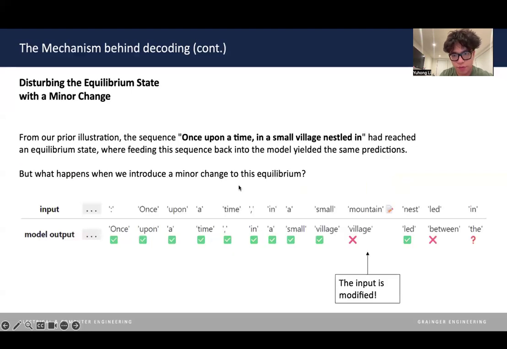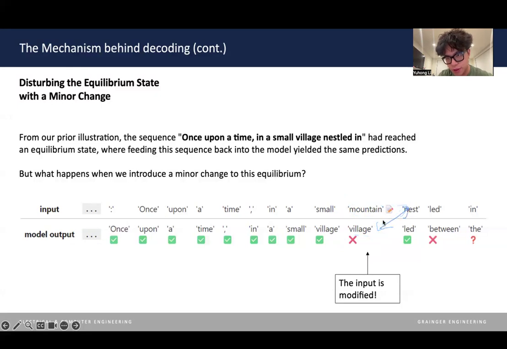So let's see what happens if we change village to mountain. You can see here we modify village to mountain. The output for mountain is still village, but what's supposed to be output is "a village nestled in". So this does not match this one.